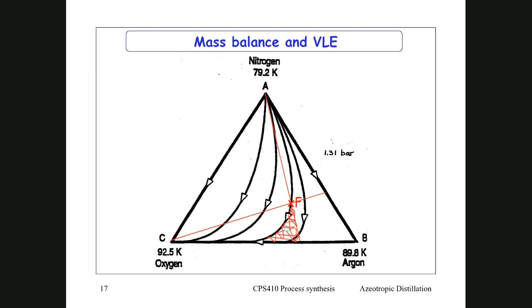So we're expecting this area, and I'm now going to color it in with the pencil. This area represents the possible distillate compositions that you can get using that feed.